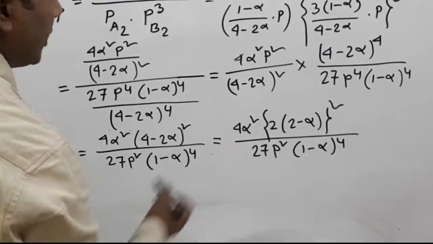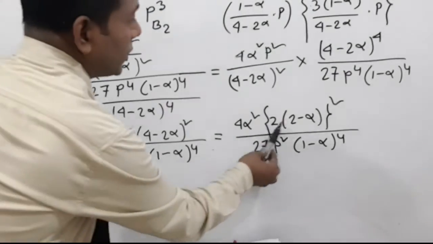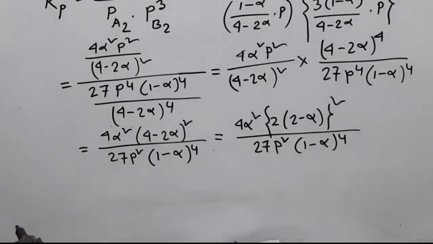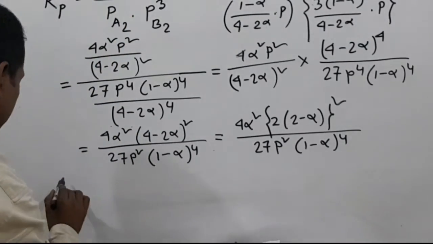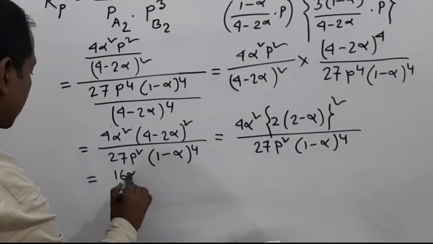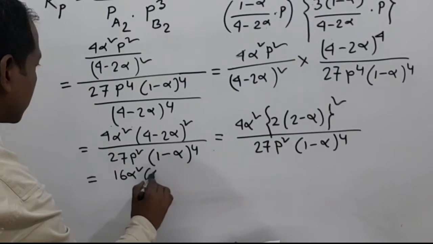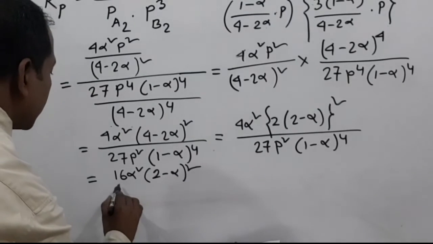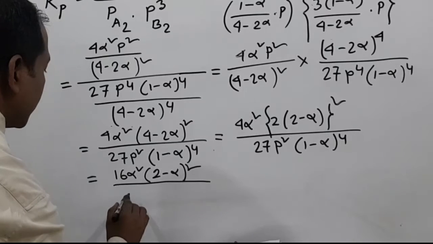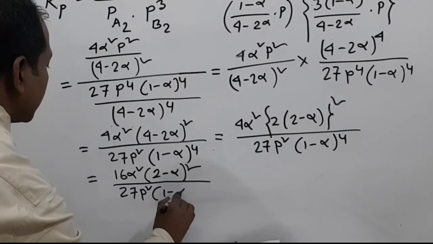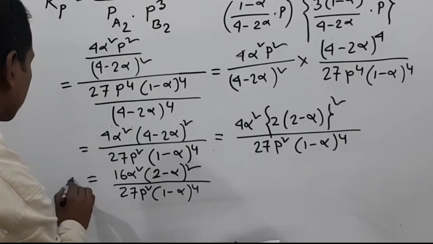And now my dear students, we get 2 square equal to 4, and 4 into 4 is 16 alpha square (2 minus alpha) whole square divided by 27p square (1 minus alpha) whole to the power 4.